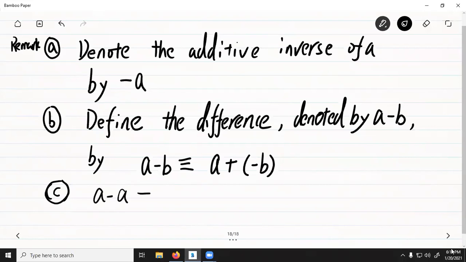A minus A is equal to A plus the additive inverse of A. A plus the additive inverse of A is equal to the additive identity, right? Which is 0. So A minus A is equal to 0. Okay. So we stop here.